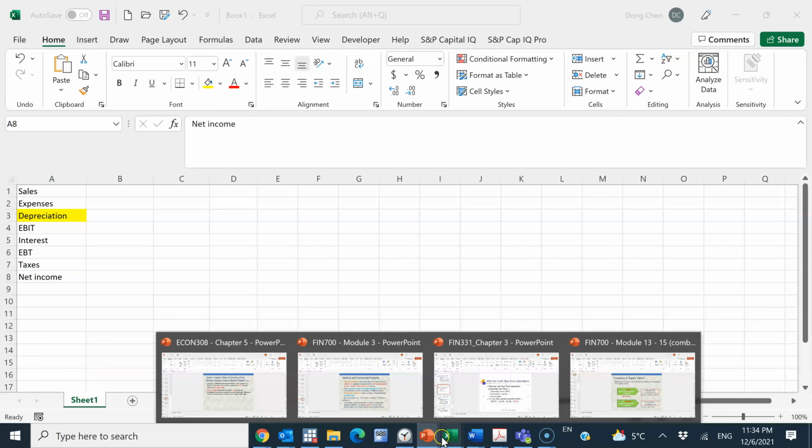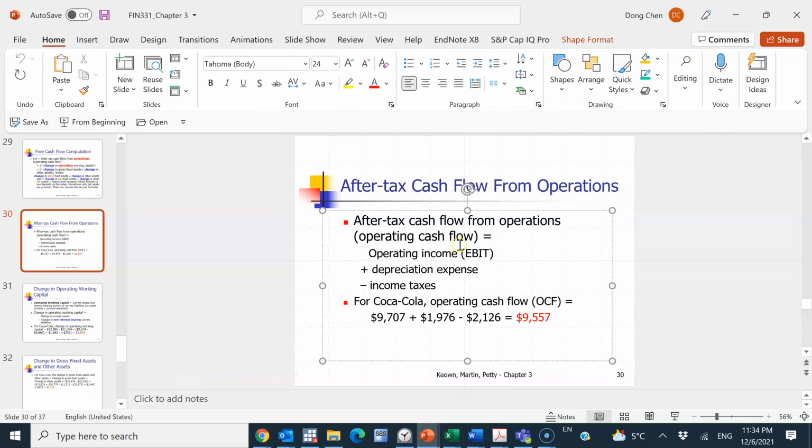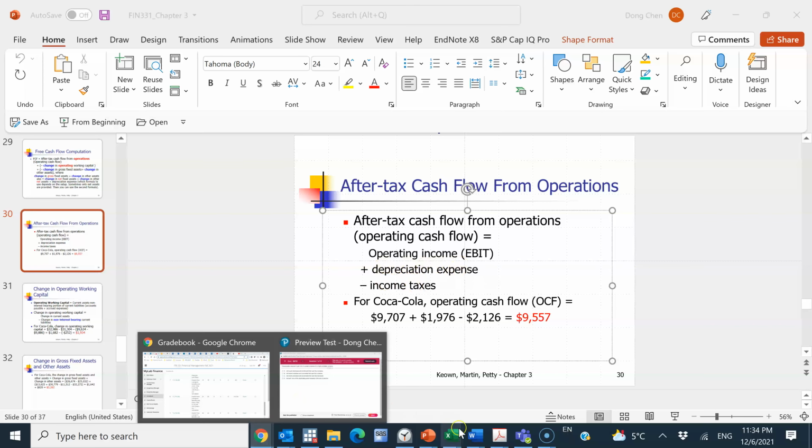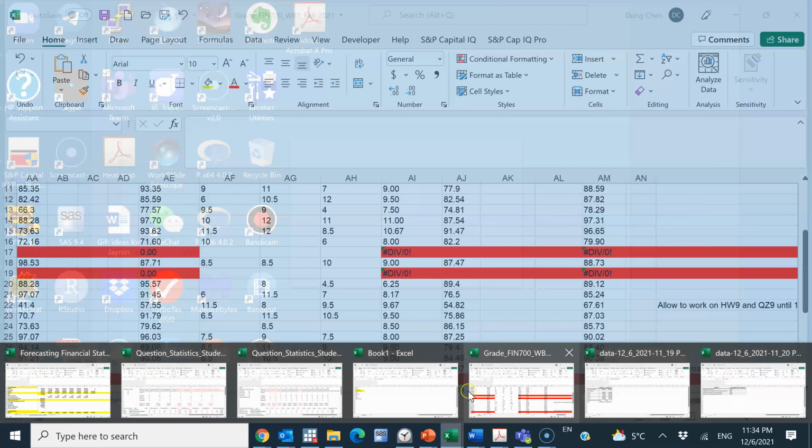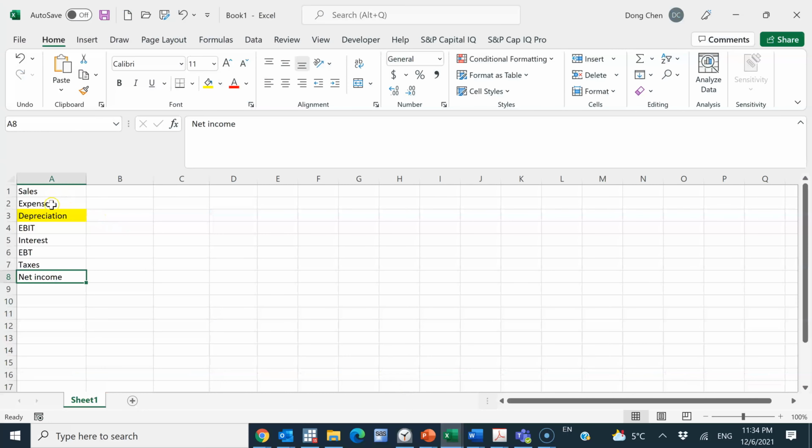And then if we go back to the formula for the operating cash flow, basically it is the EBIT plus depreciation expense and minus income taxes. So we know that EBIT is obtained by deducting expenses and depreciation from sales, and then we add back depreciation. So EBIT plus depreciation will be the same even if we increase the depreciation.